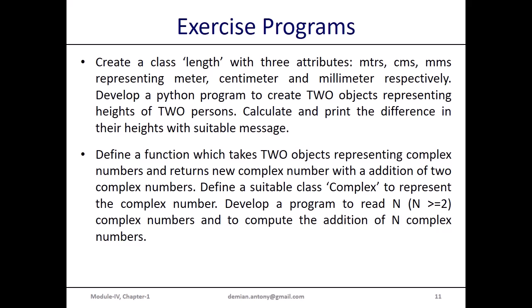So one needs to define two attributes for a class called Complex to represent a complex number. Thereby you can develop a program to read n complex numbers by reading their real part and imaginary part, and then call this complex addition function to add these n complex numbers and generate the result.